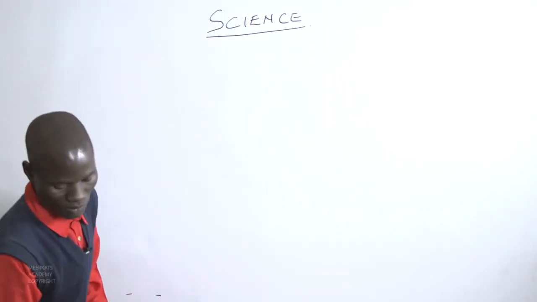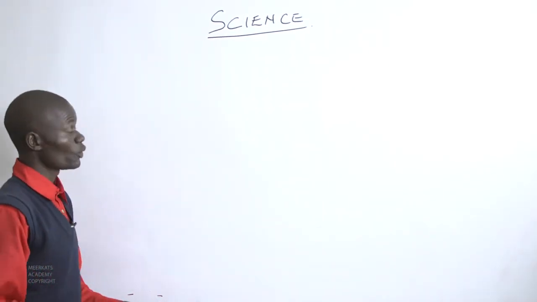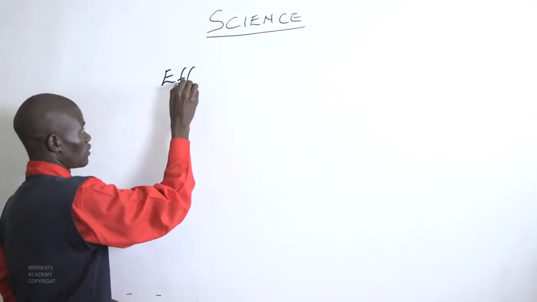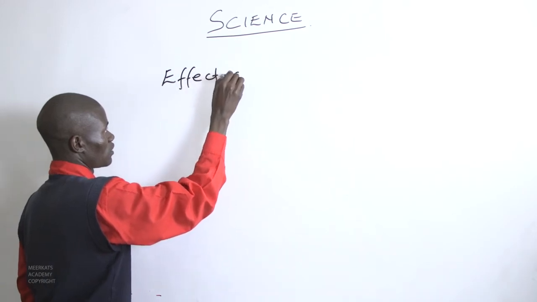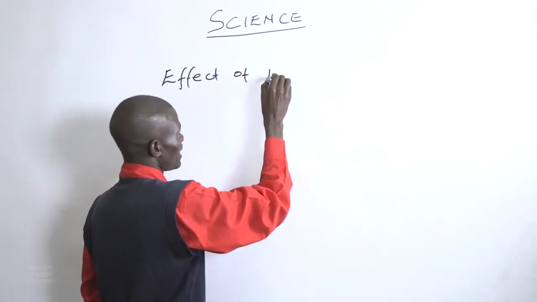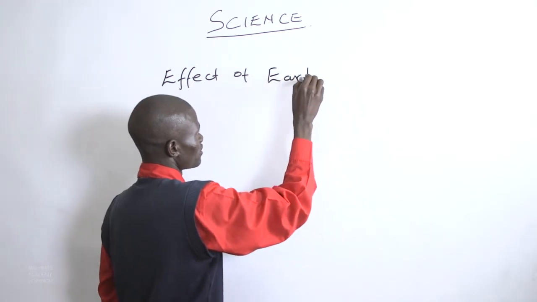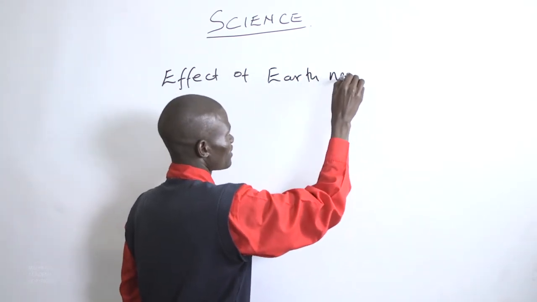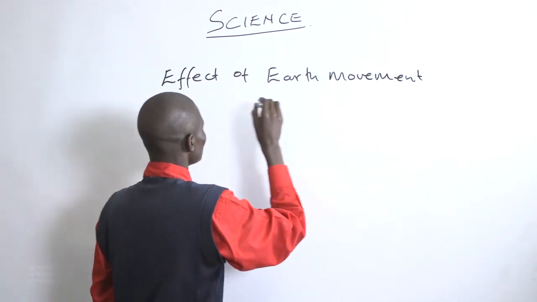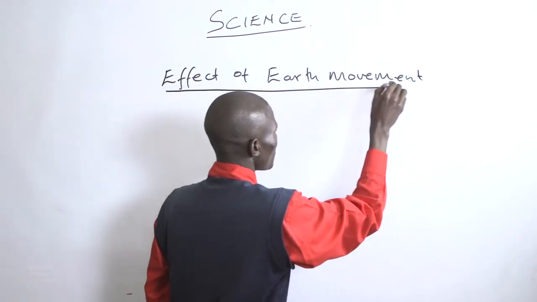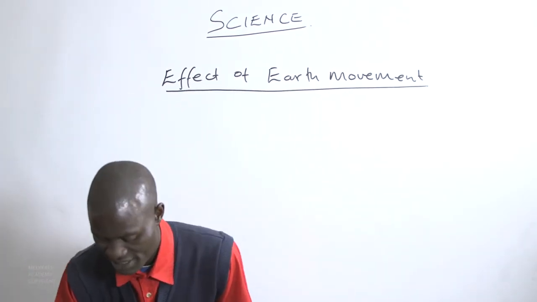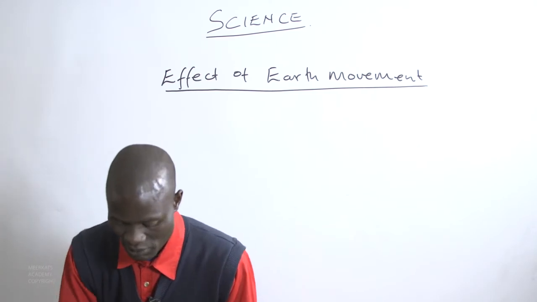What is the effect of the earth movement on the earth crust? Because it is going to lead to the formation of various features that we will be able to look at.